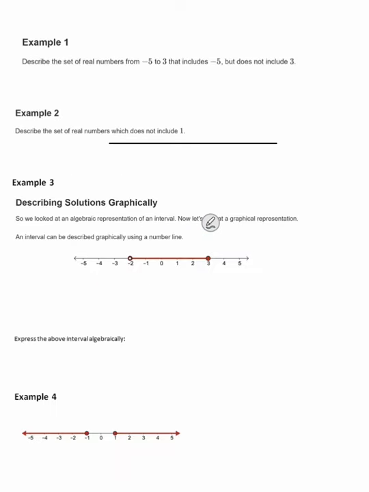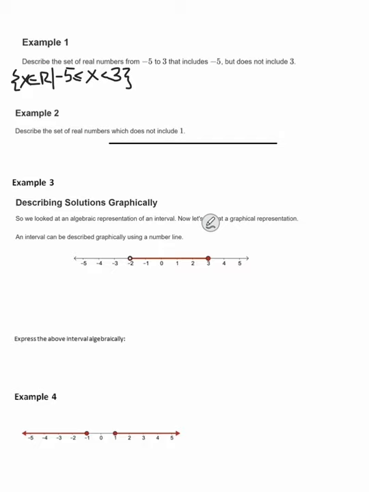Okay, so for example 1, describe the set of real numbers from -5 to 3 that includes -5 but does not include 3. So in set notation, we can write x ∈ R such that -5 is less than or equal to x, and x is less than 3. And remember, it doesn't include 3, so it's not going to be less than or equal to, it's just going to be less than 3.